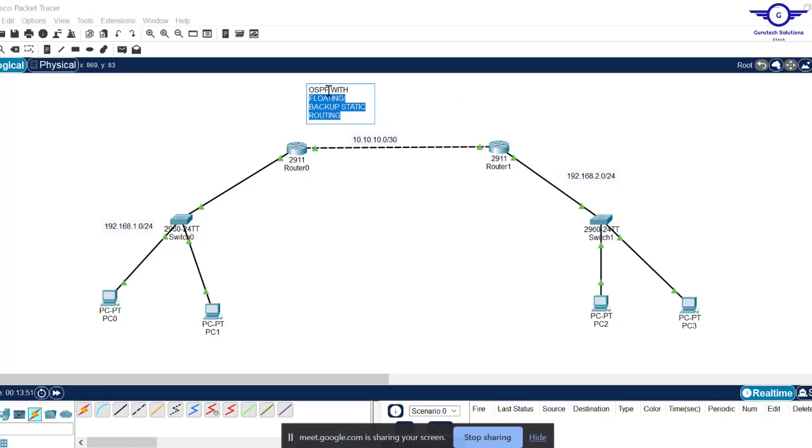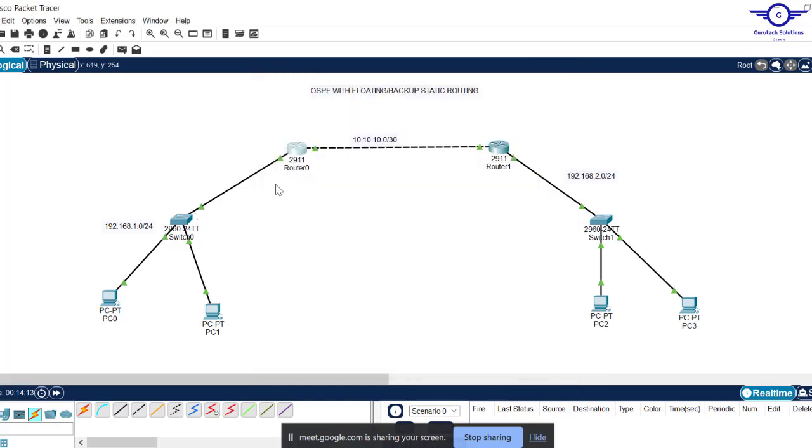So let's assume that OSPF suddenly fails. What will help us? We have to use a floating or backup static route. It's very important to use that in any network. So I'm just going to start configuring OSPF.